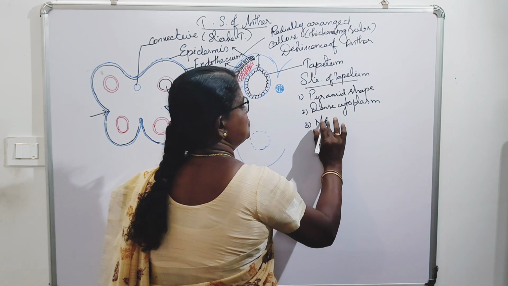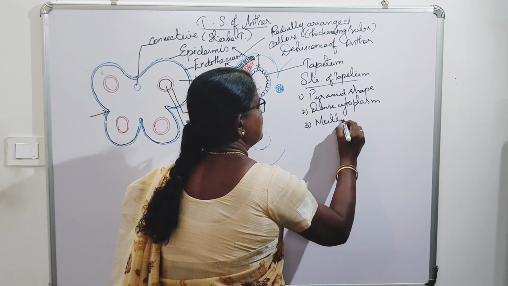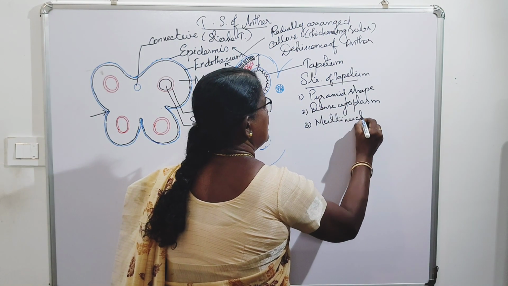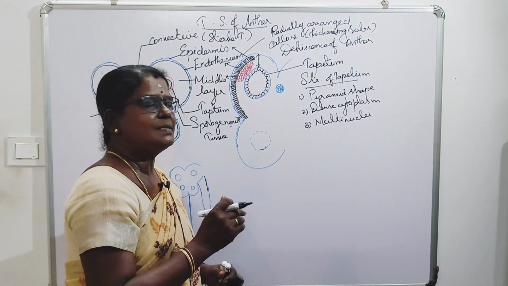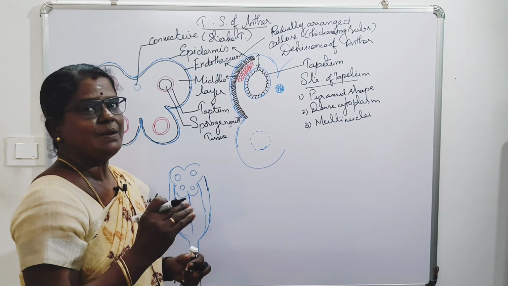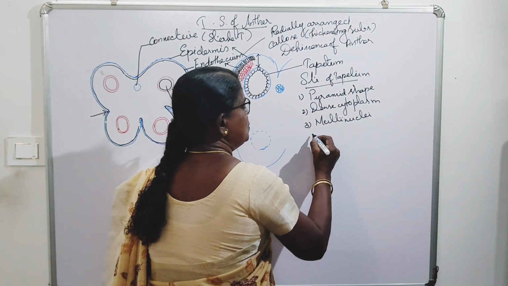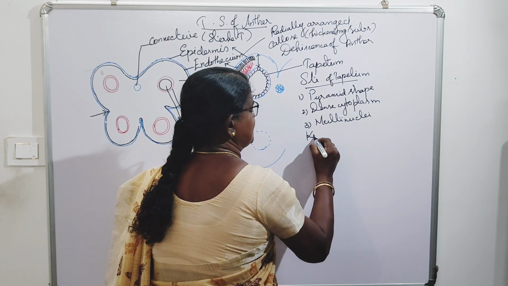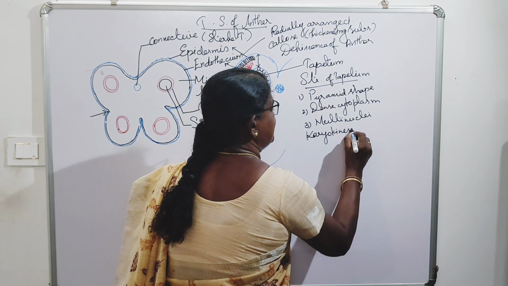Many nuclei, so multinucleate. How does it become multinucleate? The nucleus in the cell will divide, means karyokinesis takes place, no cytokinesis takes place.